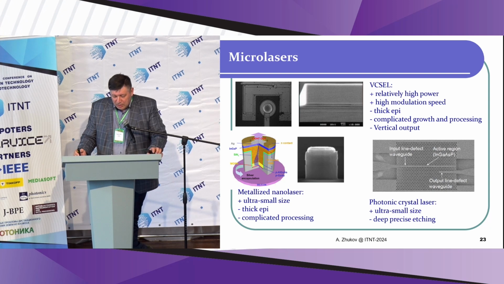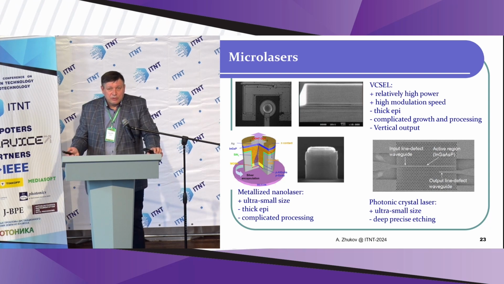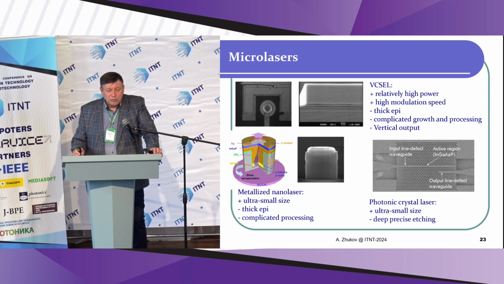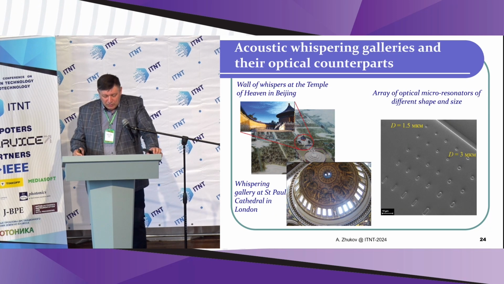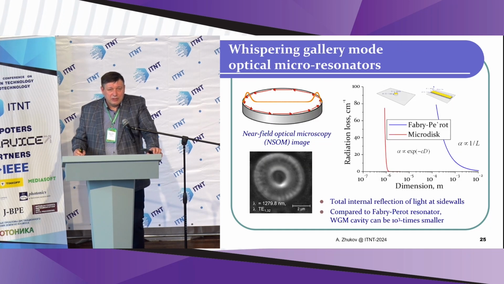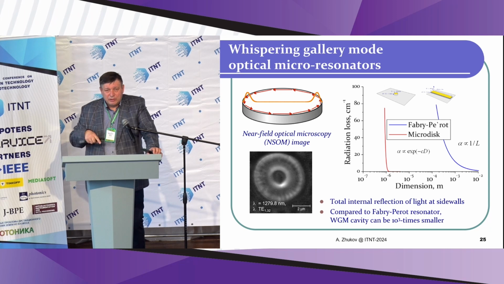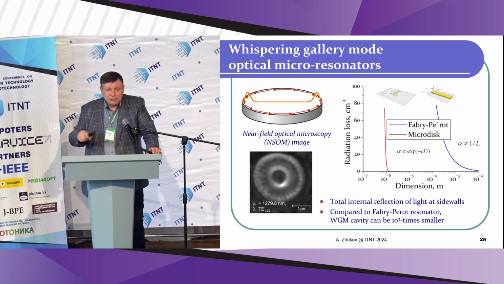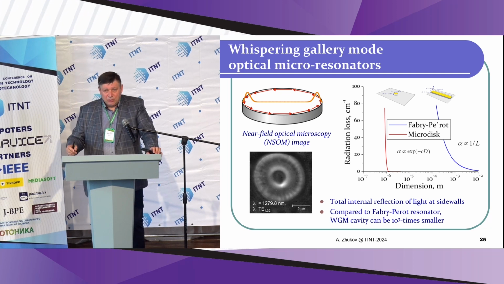So let me skip this slide because it demonstrates different sorts of micro lasers, and most of them are quite complicated structures, complicated in terms of epitaxial growth or in terms of post-growth processing. Maybe the simplest one is the micro disc laser, which operates because of so-called whispering gallery modes, which can be considered like light reflection from the side walls.